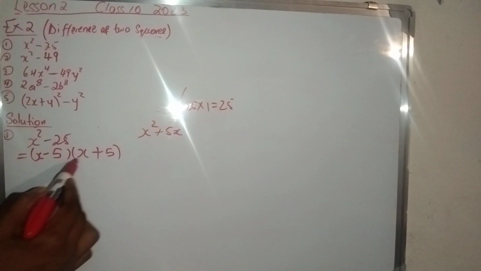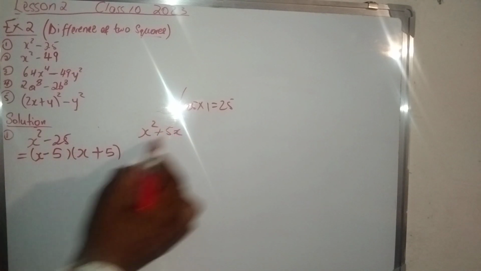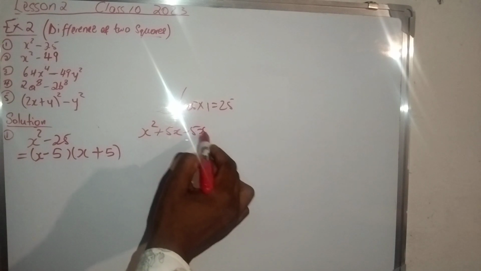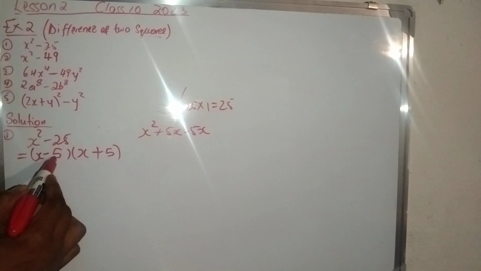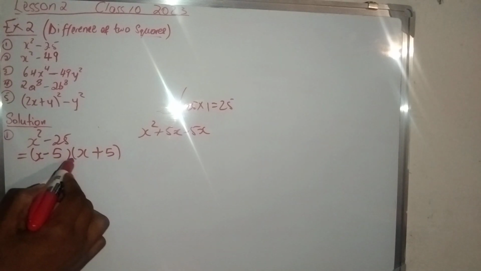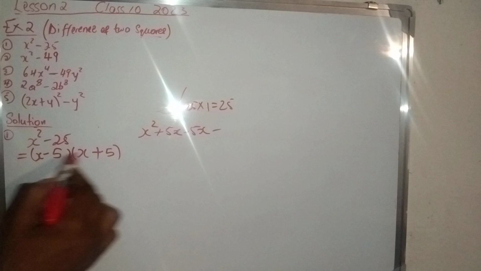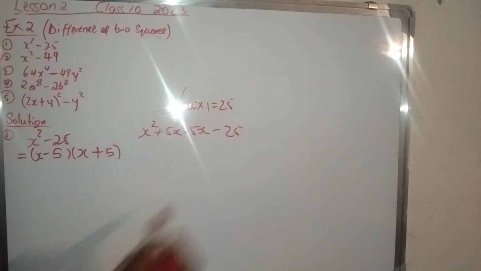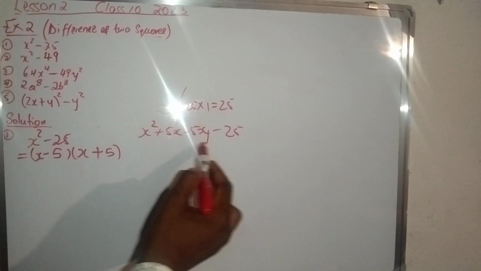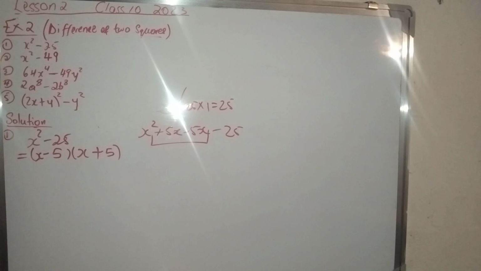Then 5 times x is negative 5x. Then negative 5 times positive 5, which is negative times positive, minus 5 times 5 is 25.